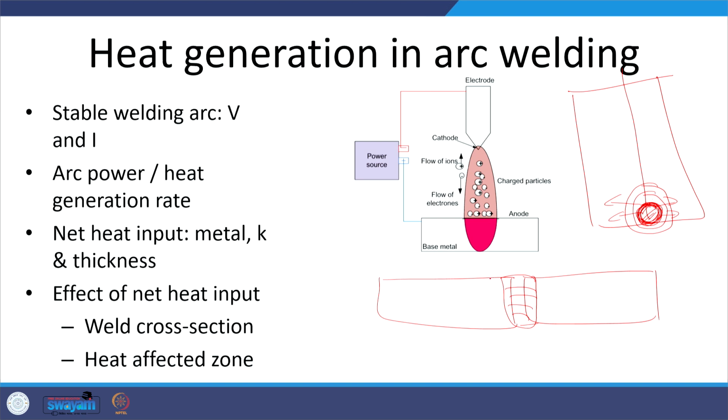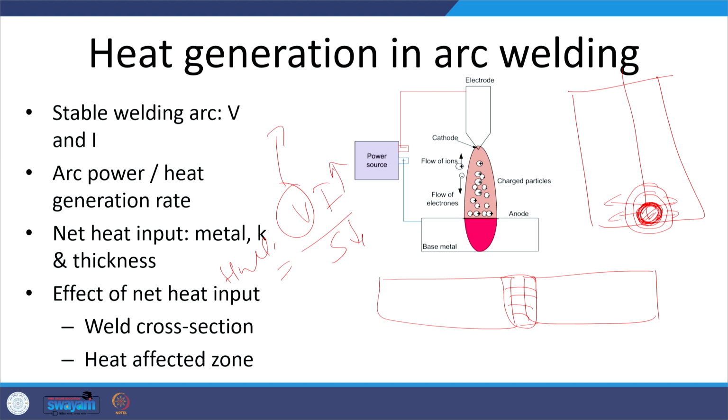But when we are supplying the greater heat input, either by using VI by S, low speed or high current, these are used primarily for adjusting the H net, because the arc voltage primarily depends on the type of electrode being used.